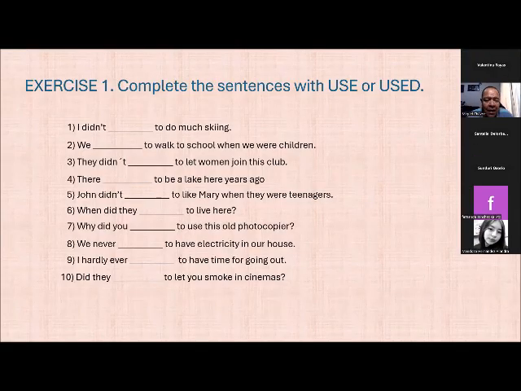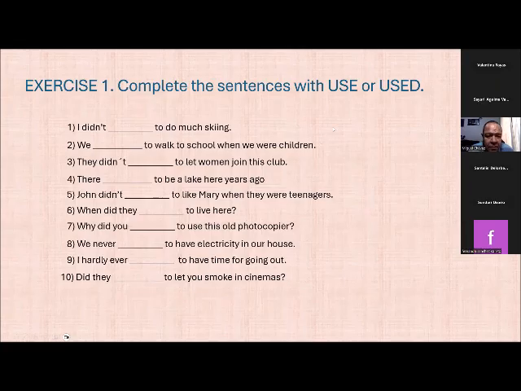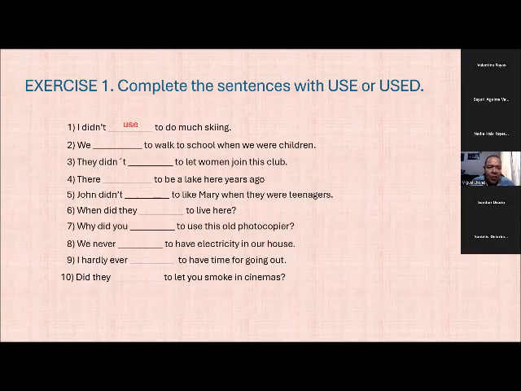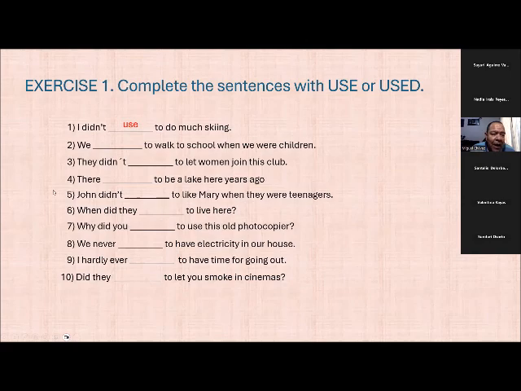Yes, thank you, Valentina. I didn't use to do much skiing. Yes, didn't use, okay? We use "use" without D at the end because we have the auxiliary verb didn't.